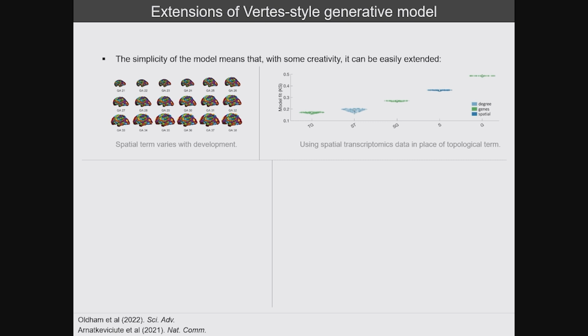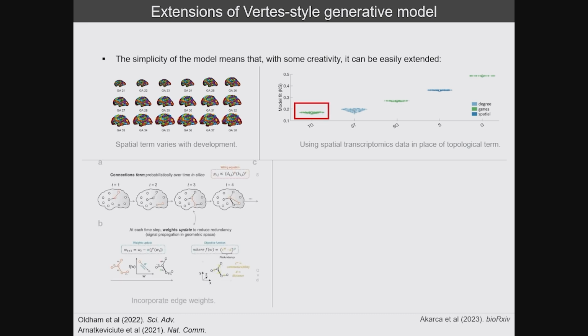You can also throw away some of those topological terms and include a different term. For instance, data from spatial transcriptomics, right? Like the transcriptomic similarity of nodes. Allow that to inform the connection probabilities. The models, as I've described them so far, don't take into account edge weight. Well, luckily there's papers that are doing this.